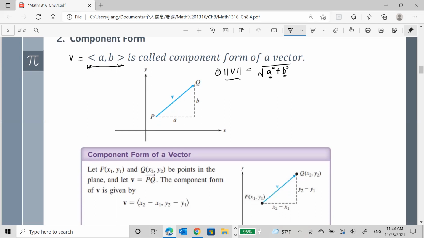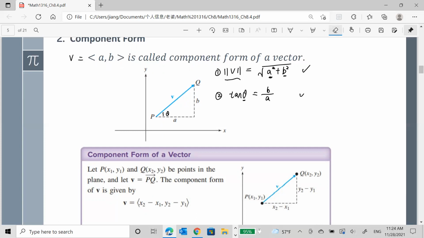So that satisfies the first condition. Second, how about the direction? Tangent, for example, of this theta, equals B over A. If B and A are fixed, that means the angle is fixed. That means the direction is fixed. So it satisfies the two conditions. That means we can use this form, the component form, to represent the vector V.